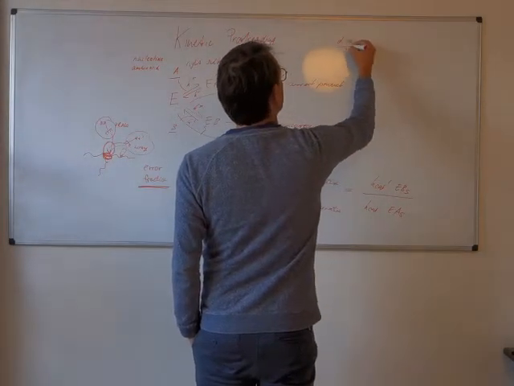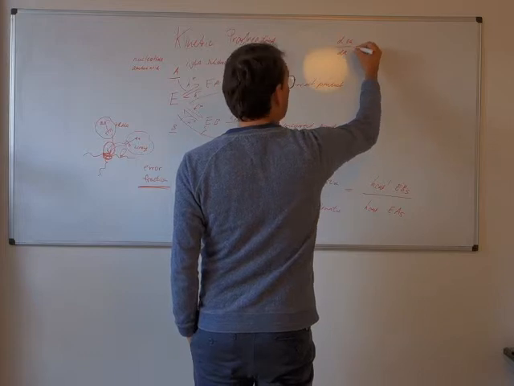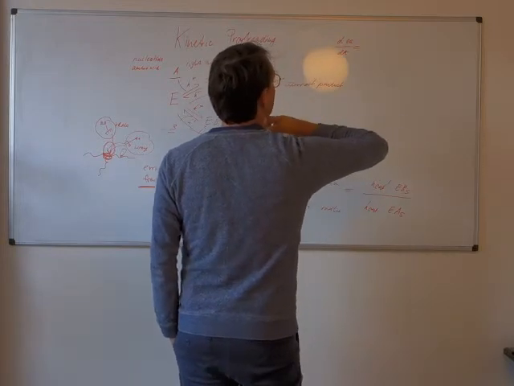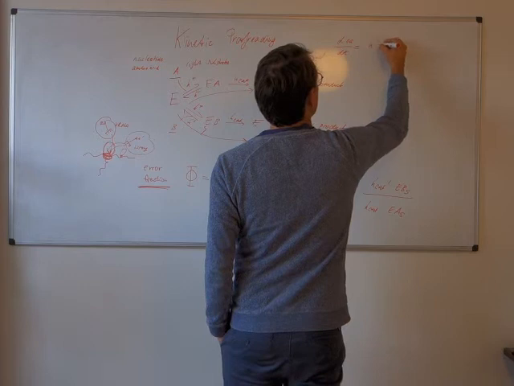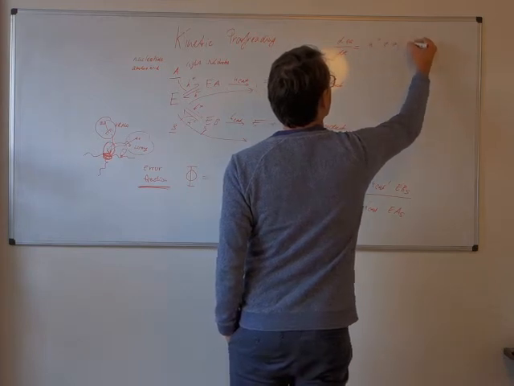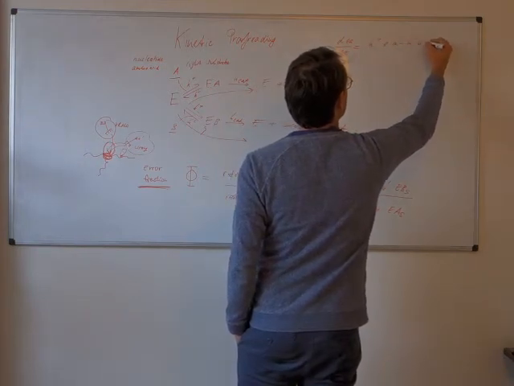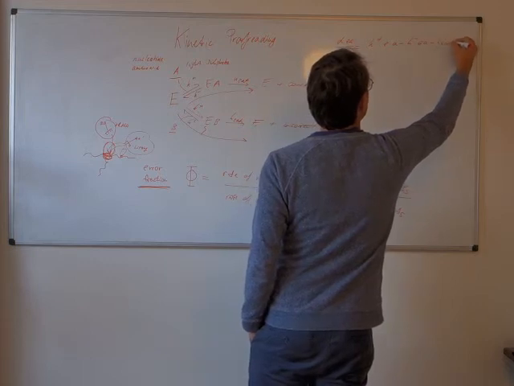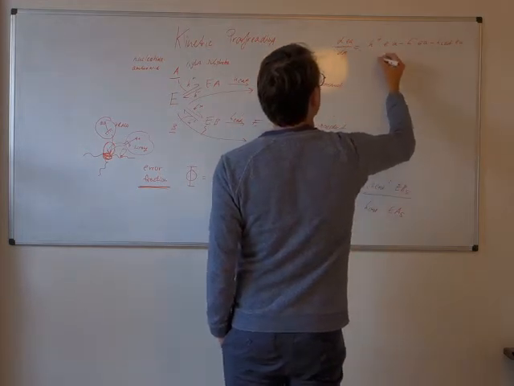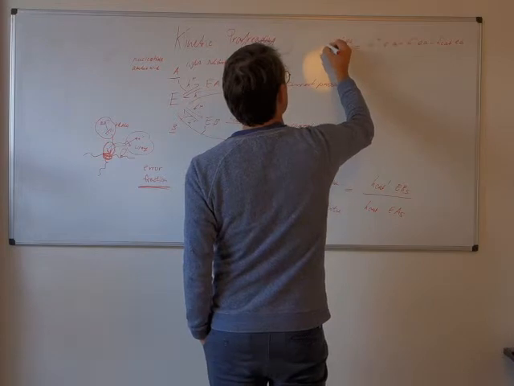So let's write the differential equation for EA: k_plus times E times A, minus k_minus times EA, minus k_cat times EA. So we're going to look at steady state.